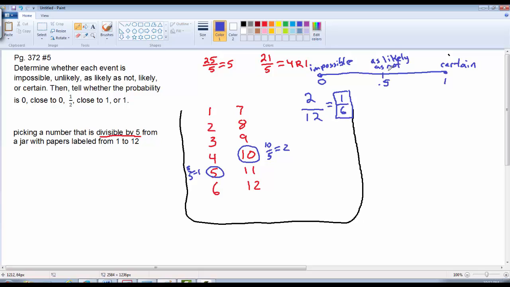Okay, so what you need to do next is take a look at your 1/6 and determine where it falls on that number line. To help us out, I think it'll be easier if we divide the two numbers. We take 1 divided by 6, and you end up with 0.16, and it just keeps on going.